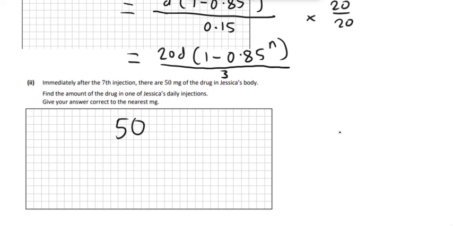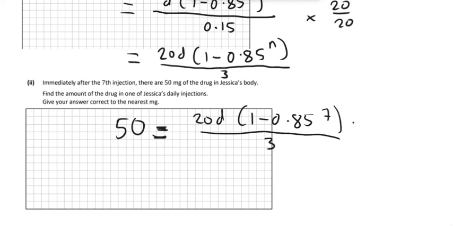So 50 equals 20D times 1 minus 0.85 to the power of 7, for the 7th injection, over 3. If we bring over the 3 first, we get 150 equals 20D times 1 minus 0.85 to the power of 7.